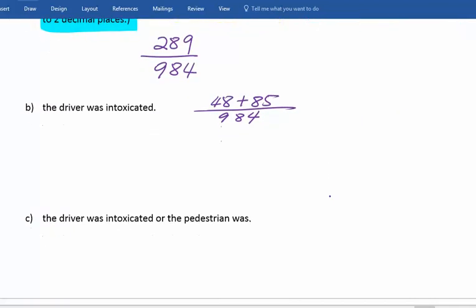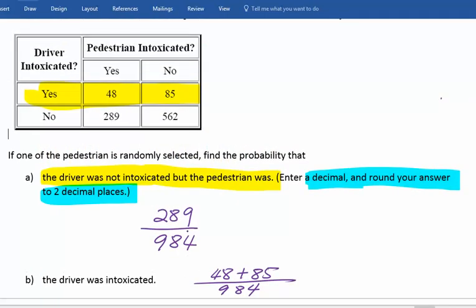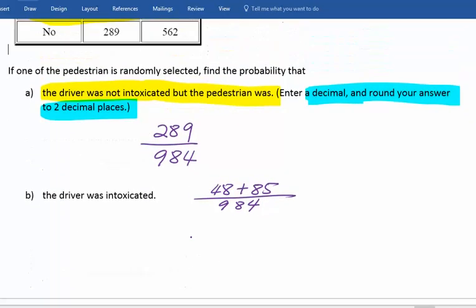Now the last case, that is when the driver was intoxicated or, so it could be either one of the following, or the pedestrian was. Let me double check, was.